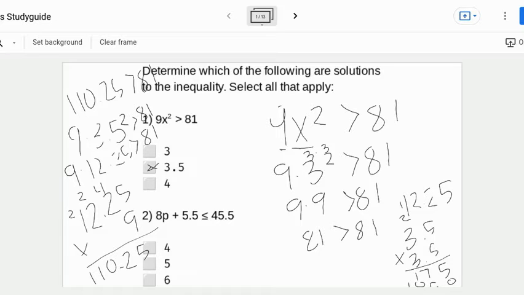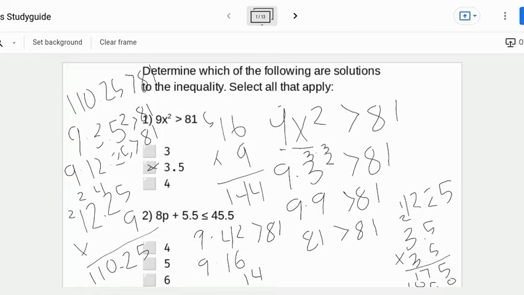Now, when we think about this, if 3.5, when we plugged that in, was greater than 81, is 4 going to work? Yes. Now, if we try it to prove, we have 9 times 4 squared is greater than 81. 4 squared is 4 times 4, which is 16, times 9. 9 times 6 is 54. 9, 10, 11, 12, 13, 14.